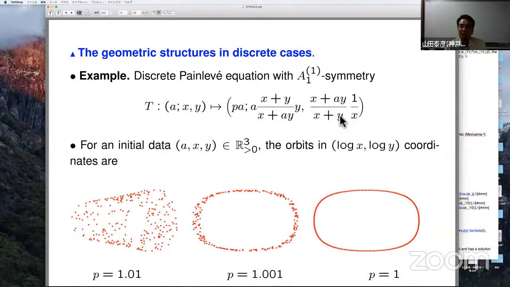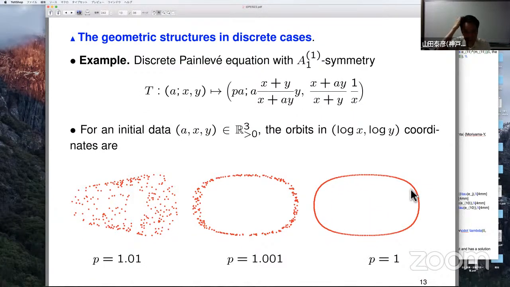When the parameter P is non-zero, the orbit is like this. But when P goes to 1, we see that the orbit is on these curves.